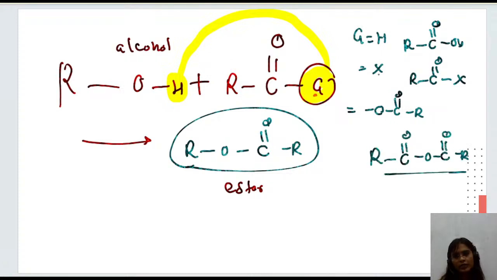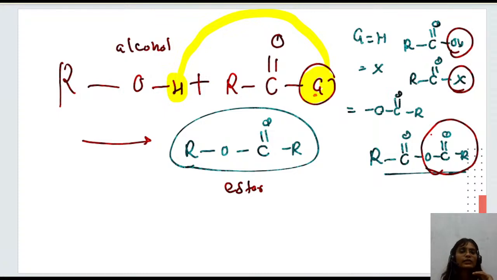So these are the three things: G can be the OH group of a carboxylic acid, the Cl of RCOCl, or the anhydride part. So whenever alcohol combines with a carboxylic acid, acyl chloride or anhydride, we get esters. This is point number one.